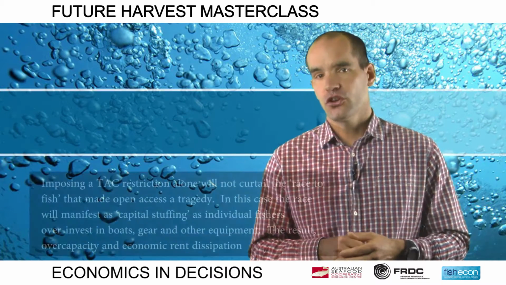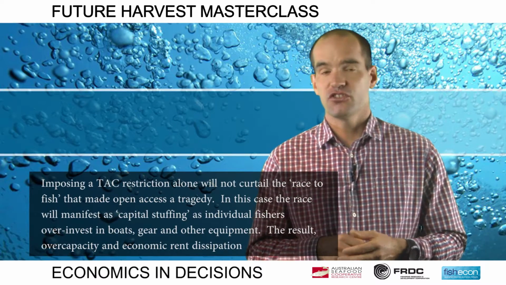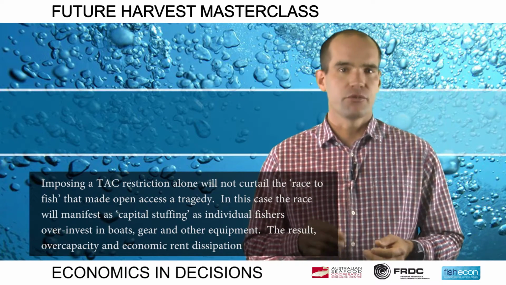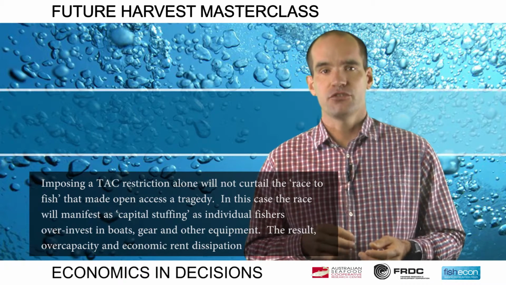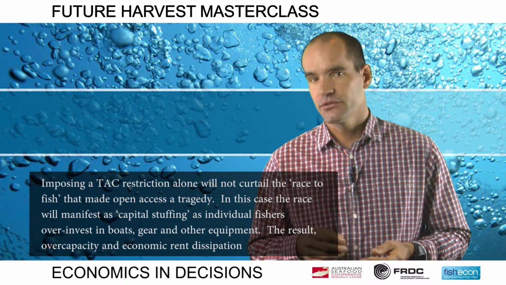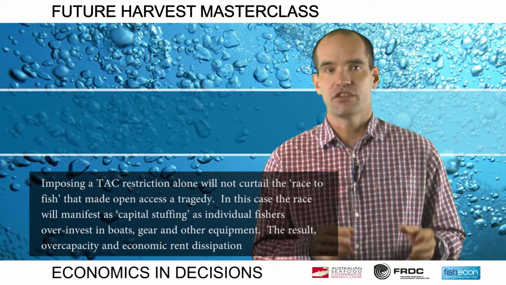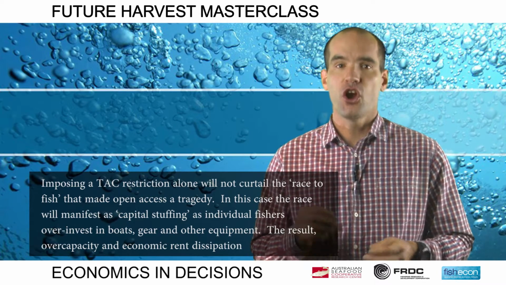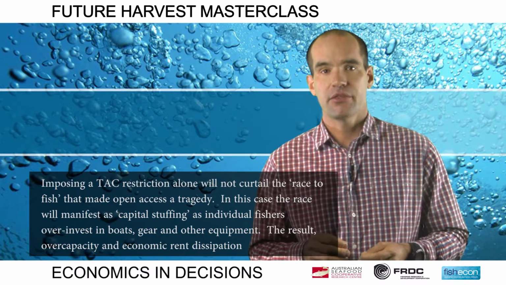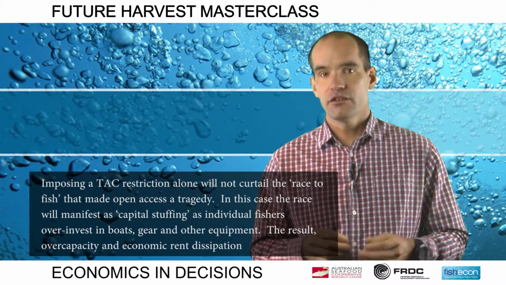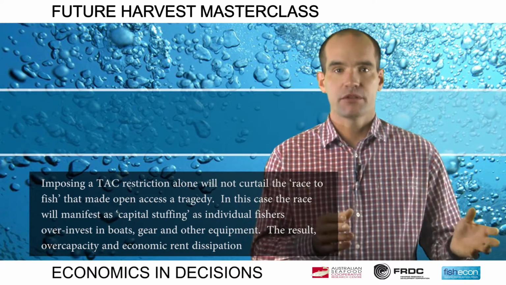History has also shown that imposing a TAC restriction alone will not curtail the race to fish that made open access a tragedy. In this case, the race will manifest as capital stuffing, as individual fishers overinvest in boats, gear and other equipment. The result: overcapacity and economic rent dissipation.